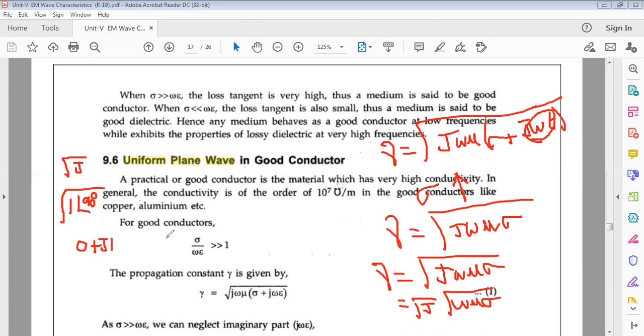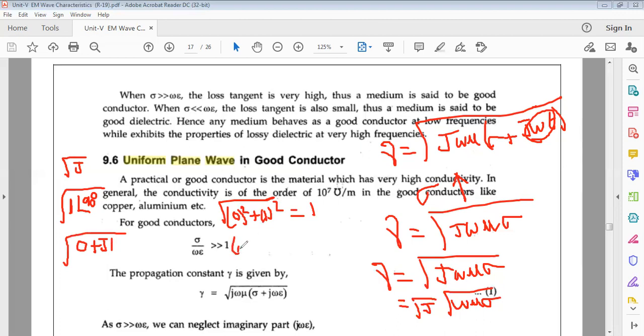Got it, my students? So what is the magnitude? The complex function magnitude is the square root of 0 squared plus 1 squared. 0 squared plus 1 squared means the value is 1. So the magnitude is 1. I'm converting the rectangular form to polar form, and then taking the square root.